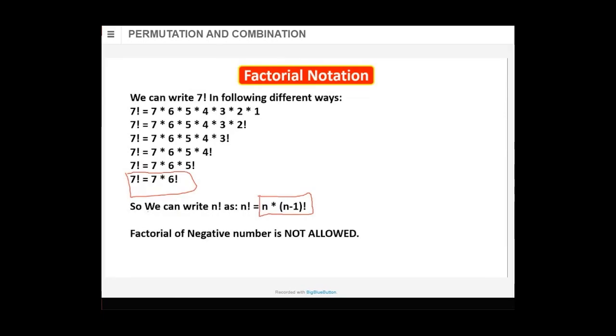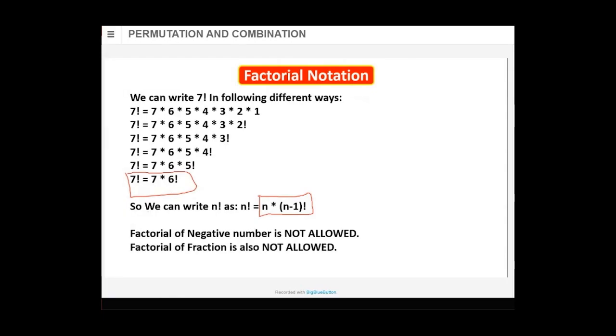Important, factorial of negative number is not allowed. You cannot have factorial for negative number. Only natural numbers, and one exception is that is 0. 0 though not a natural number, 0 factorial is defined as 1. Why? अभी आपको इधर कोई proof पूछने वाला नहीं है, otherwise I would have given you the proof also why 0 factorial is 1. Okay, you just remember 0 factorial is 1.